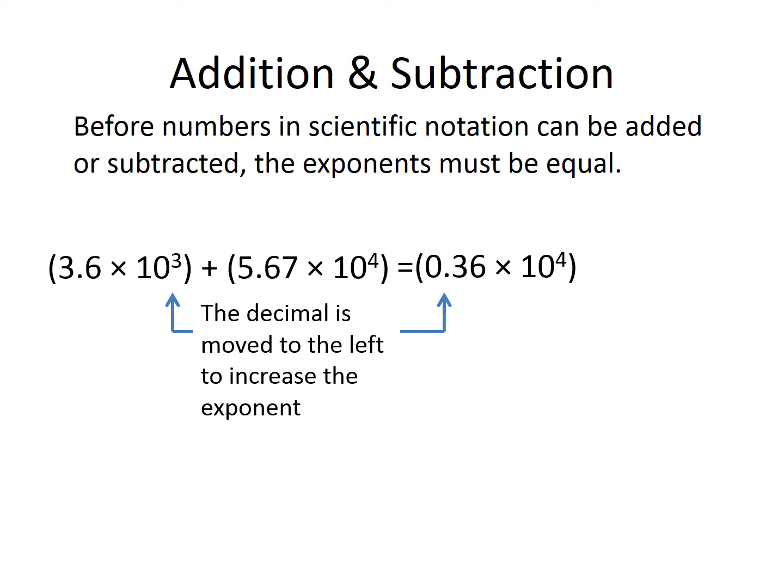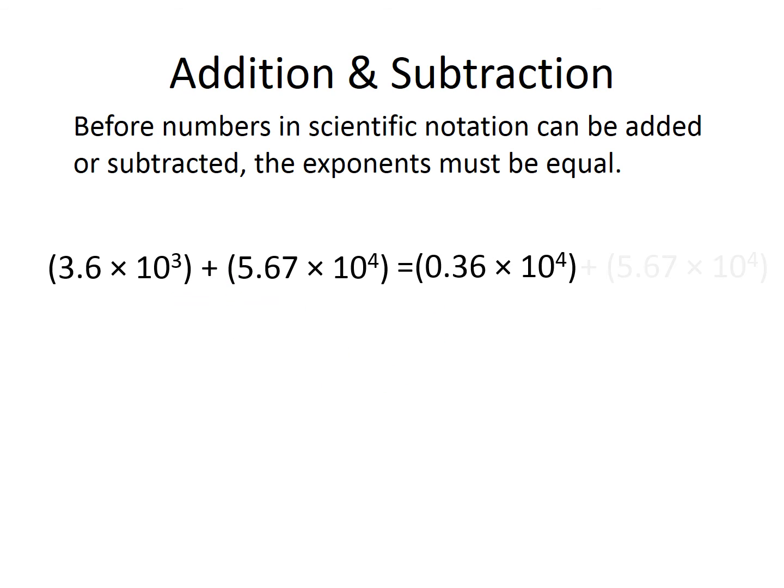Now that's not proper scientific notation, but when the powers of 10 or the exponents are the same, we can then add the first part of the number, the coefficient. So now we can add the 0.36 to the other number, the 5.67, because the powers of 10, the exponents, are equal. They're both, in this case, times 10 to the fourth power.